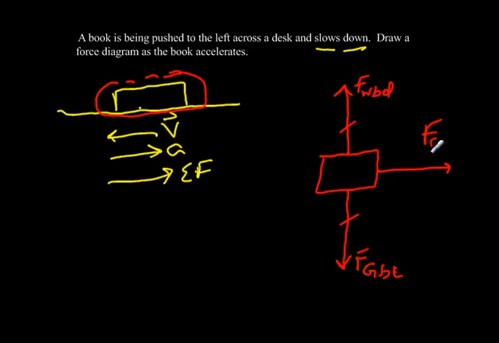The force of friction on the book by the desk. That's it. Oh, I'm sorry. It is being pushed. So I do need this one. It just needs to be smaller, on the book by the person. And I hope that helps. These two are not equal. So here I have a net force. I have an acceleration and a net force because friction is larger than this one.